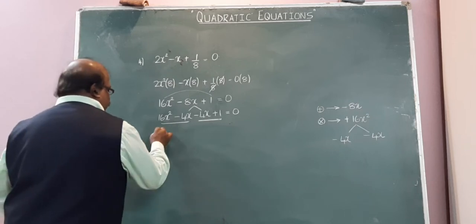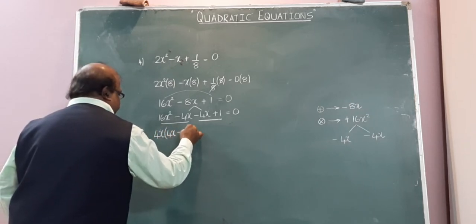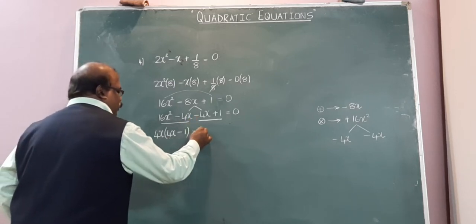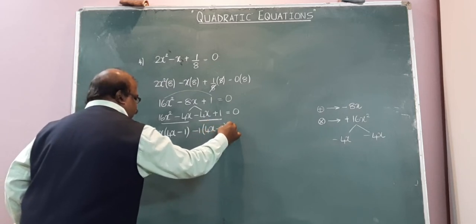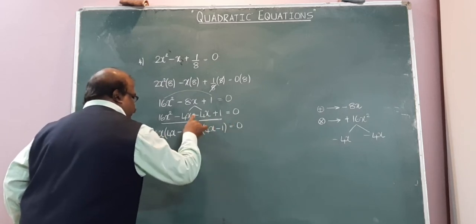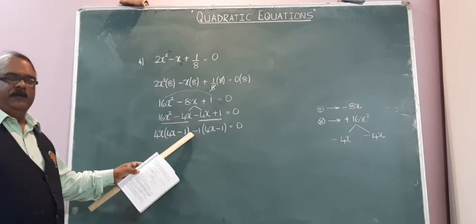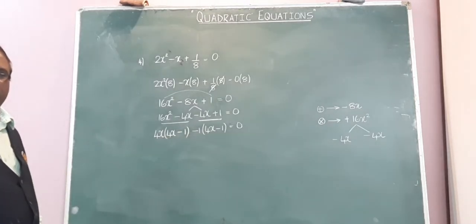Common factor 4x, minus 1. Common factor minus 1. 4x minus 1 is equal to 0. See that you put the sign out. If there was plus, I would be putting plus out. If you have minus, minus comes out as a common factor.